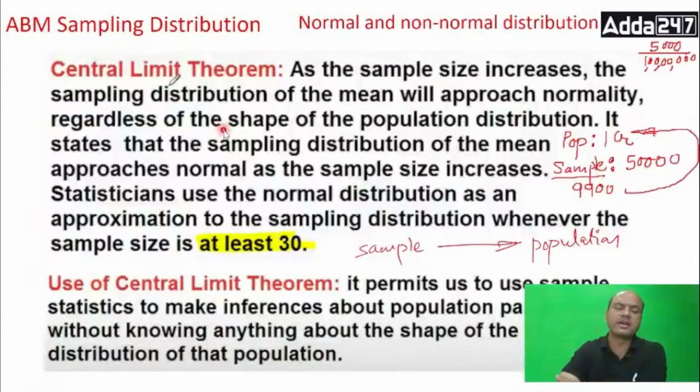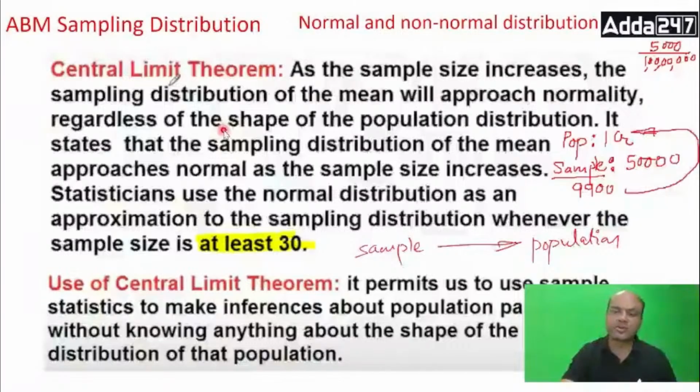What is the use of central limit theorem? The use is the same. You do anything on the sample and then apply it to the population. It permits us to use the sample statistics to make inferences about the population. So it's like, I'll give you one example.